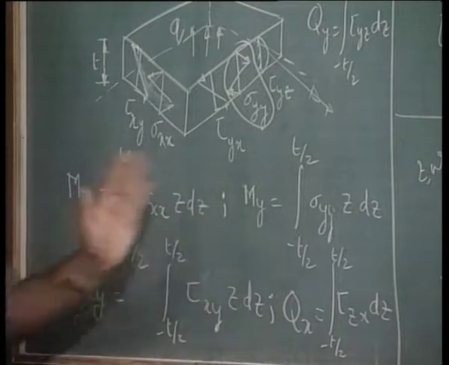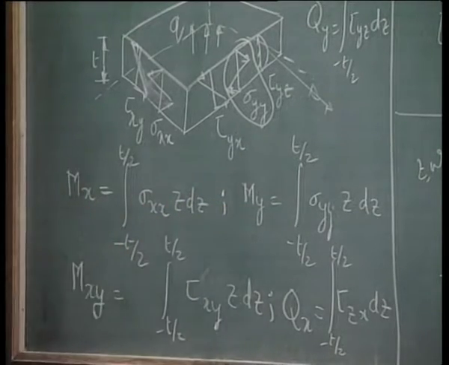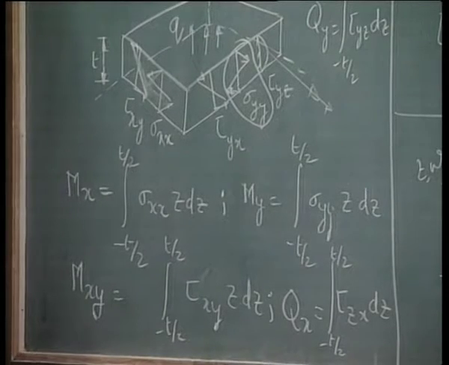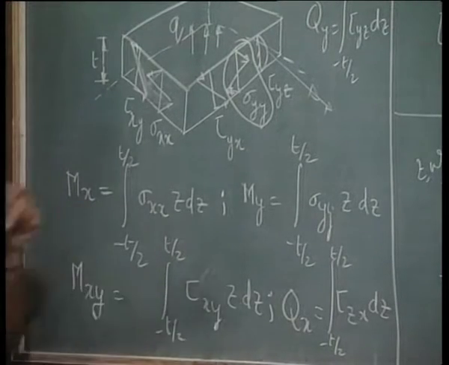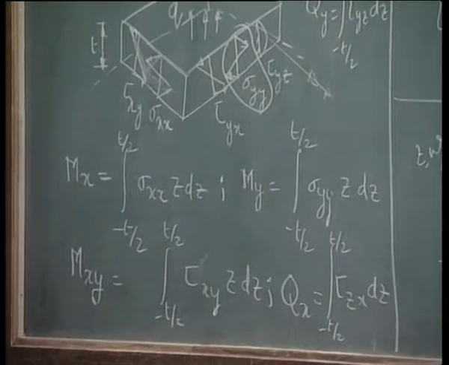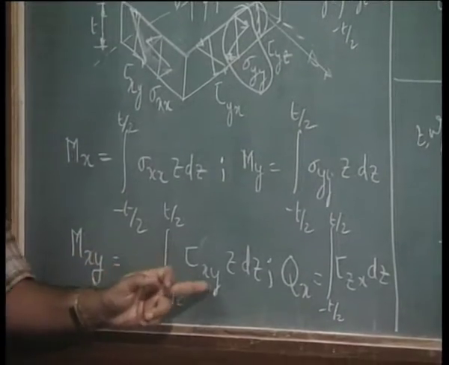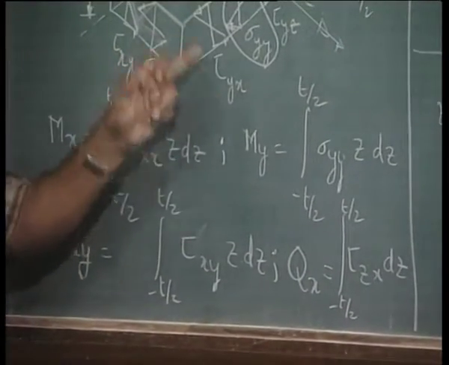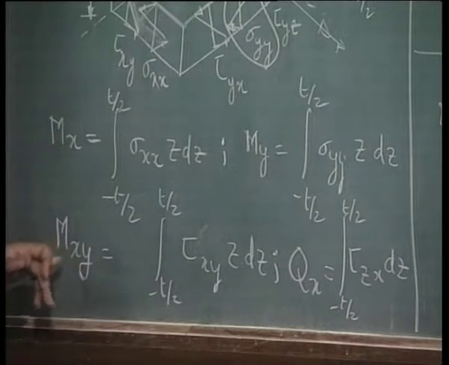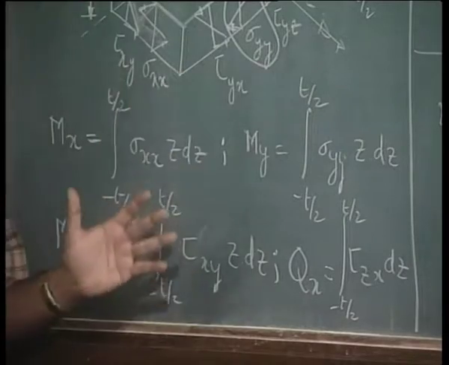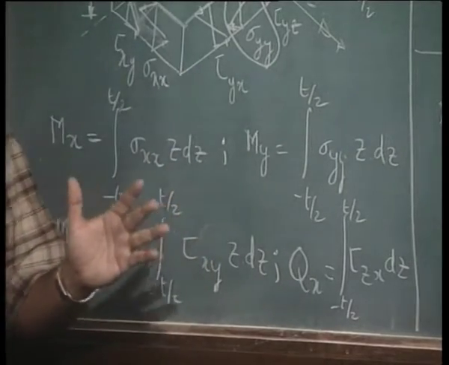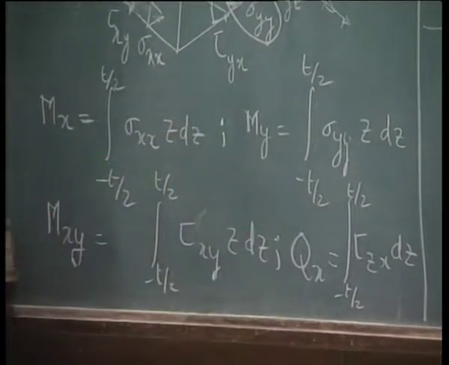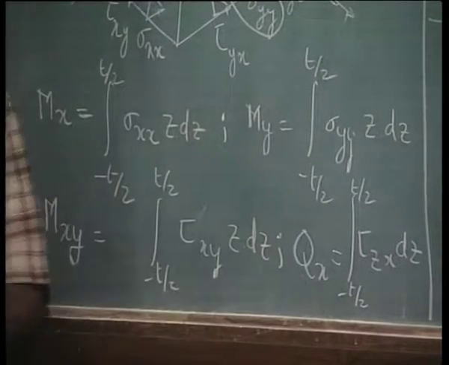Right. These two are the mx and my moments produced by sigma x and sigma y, and we have mxy, which is again produced because of the distribution of tau xy. That tau xy distribution we have already seen how it looks like, and that produces a moment which we call as mxy. Apart from these moments, we also have what we call as the shear forces.